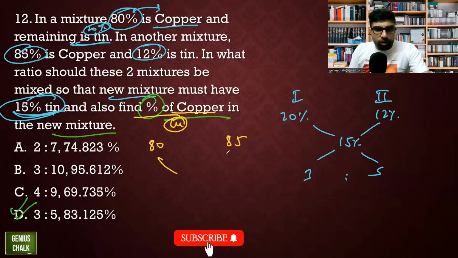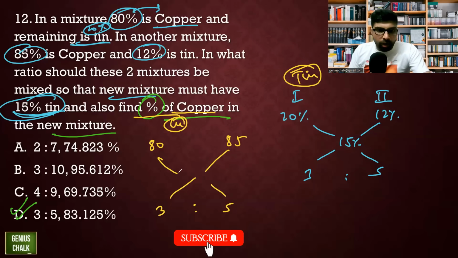Now overall we need to check what is the ratio. Whatever ratio we have got, we have taken tin here. The ratio will be the same for copper also. So the ratio is this and we need to find this. Now we can see that it's an application of the same thing we did in the previous question. So can you find it now?